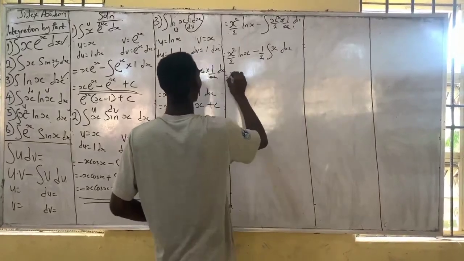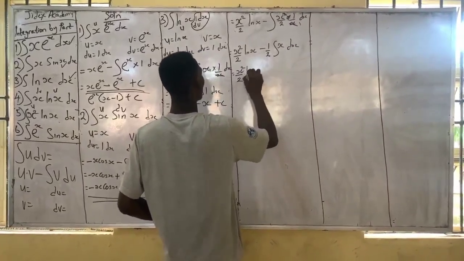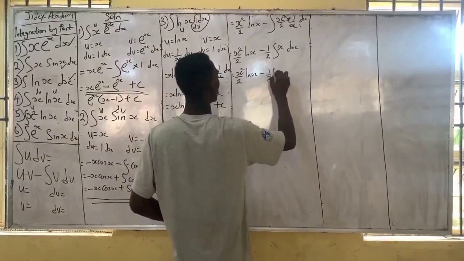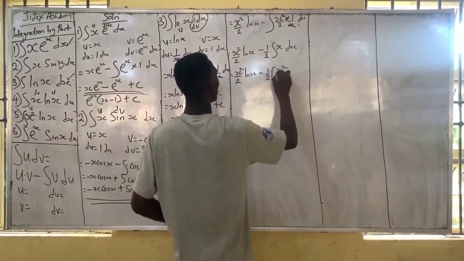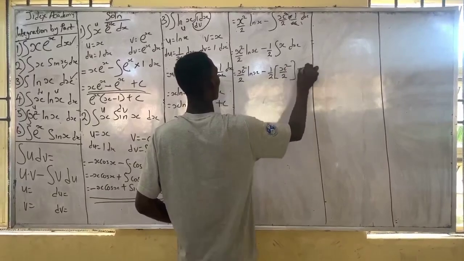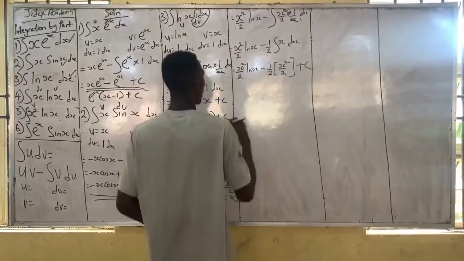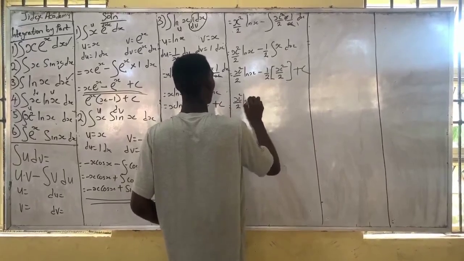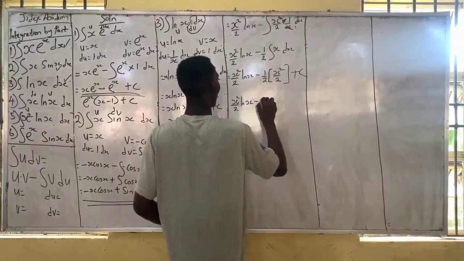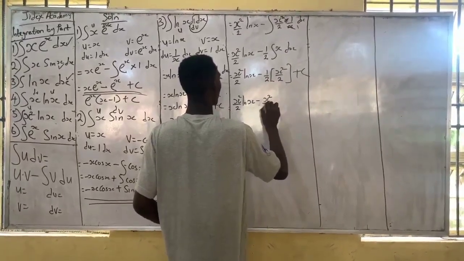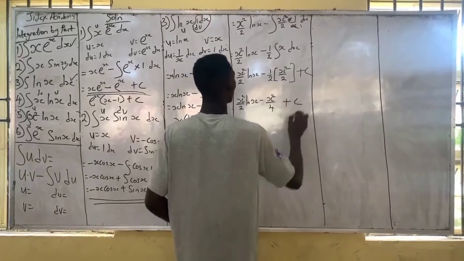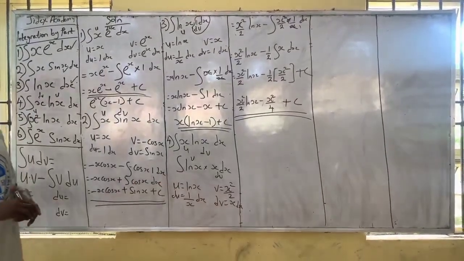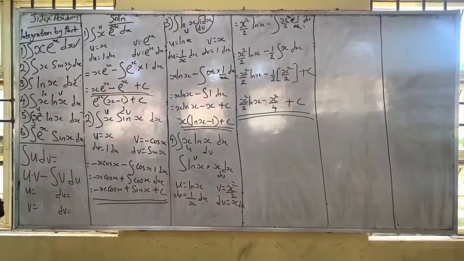So this equals x squared over 2 ln x minus 1 over 2 times, let me put it in brackets, x squared over 2, close brackets, plus c. So you can now write this as x squared over 2 ln x minus x squared over 4 plus c. Our final answer for that one.